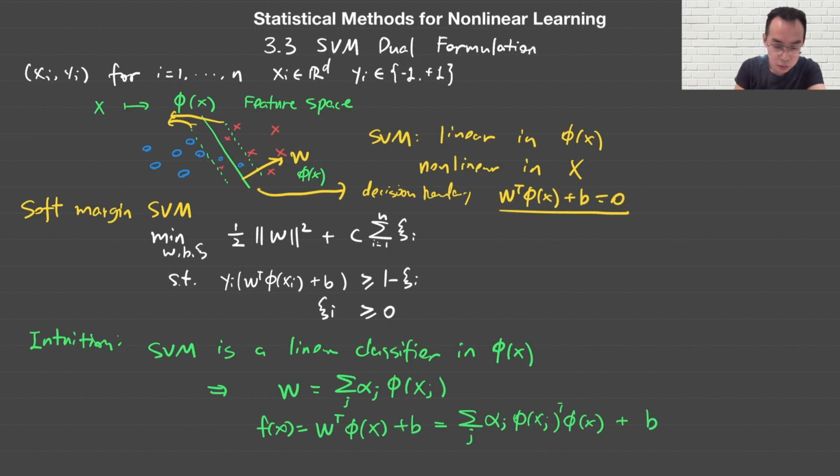So you see here, this is the key. Because when we plug this expression back in, we have this inner product, the inner product between phi of xj and phi of x.